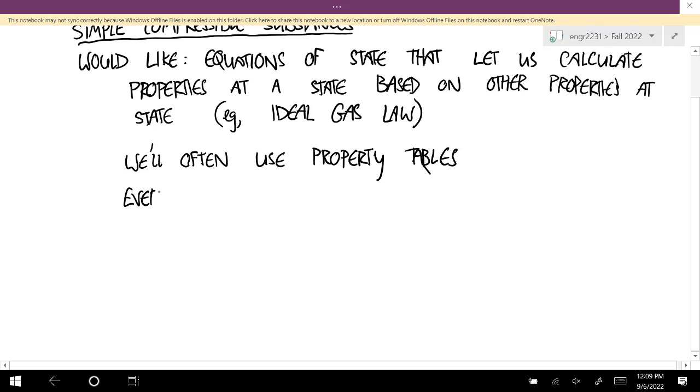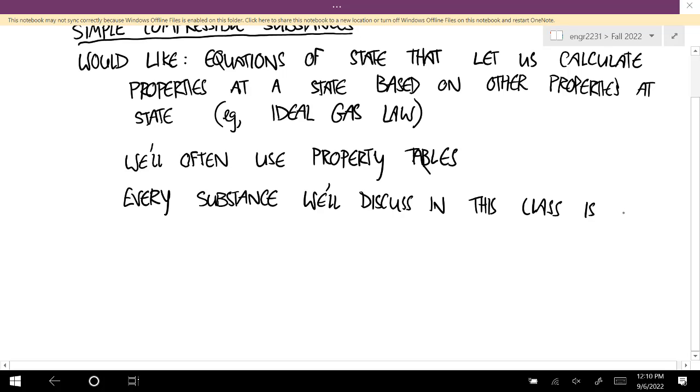Simple compressible substances are everything that we're going to do in this class. So every substance we'll discuss in this class is a simple compressible substance.